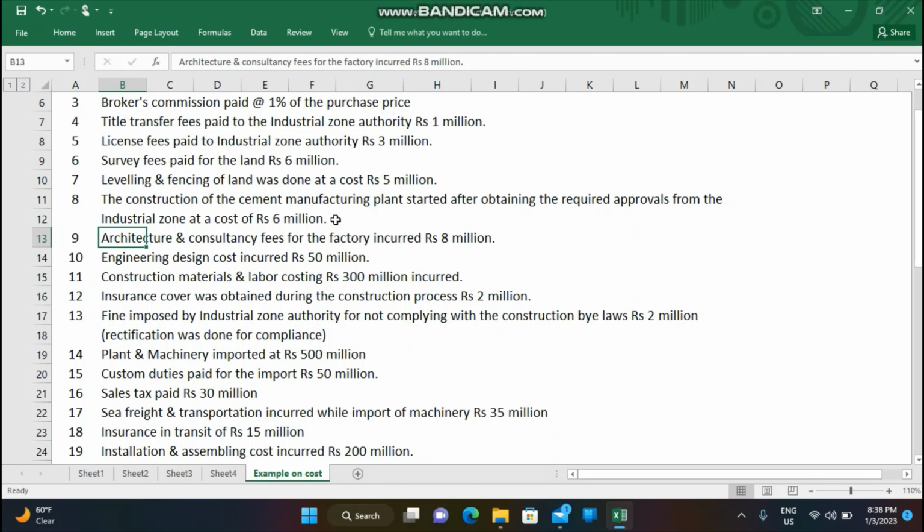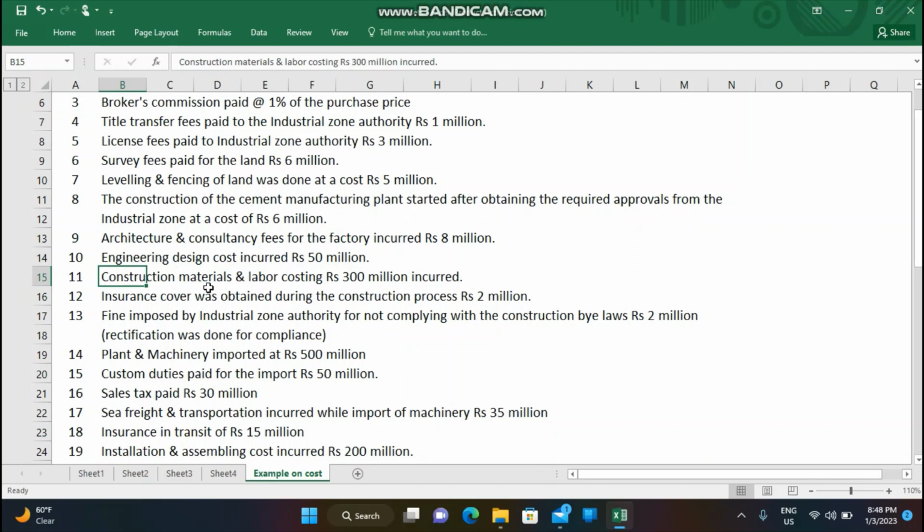So this will be included in the cost of factory building because it's a directly attributable cost. Engineering design cost incurred rupees 50 million. Whenever they are designing the factory, they hired some engineers, and they made some payment to them. So this will be included in the cost of factory building.